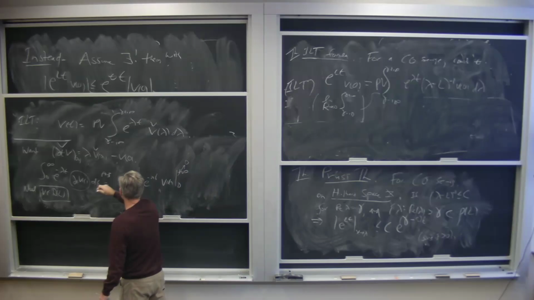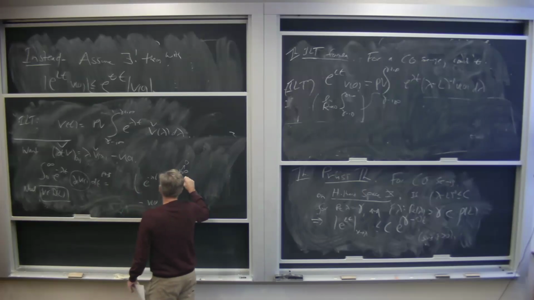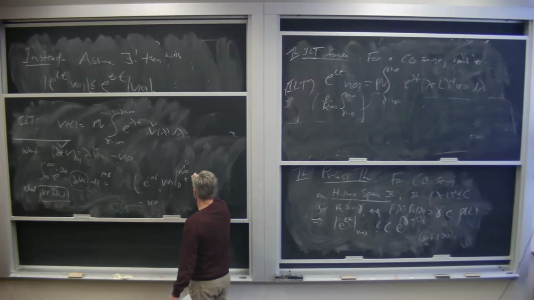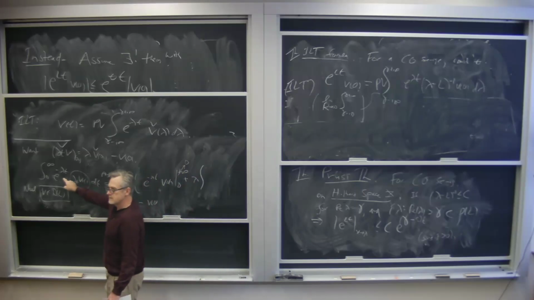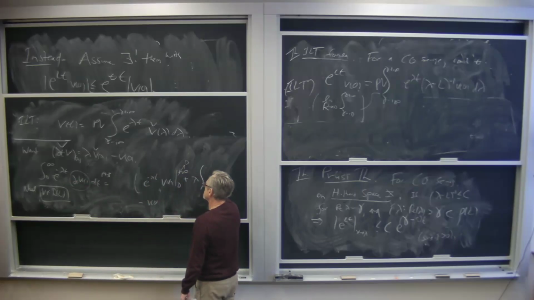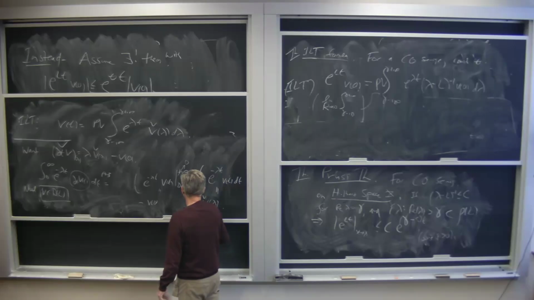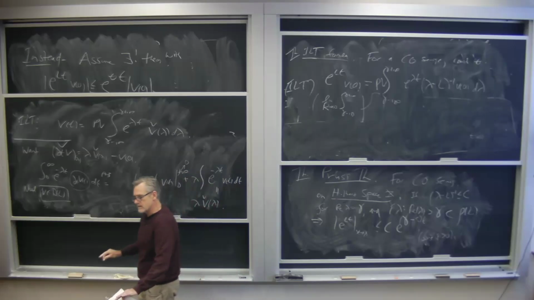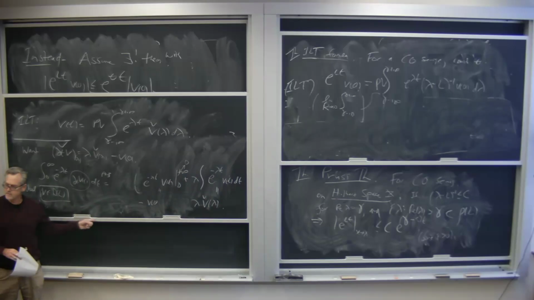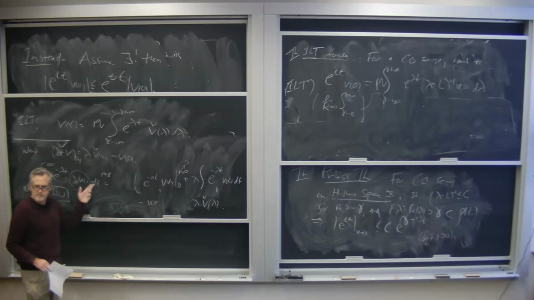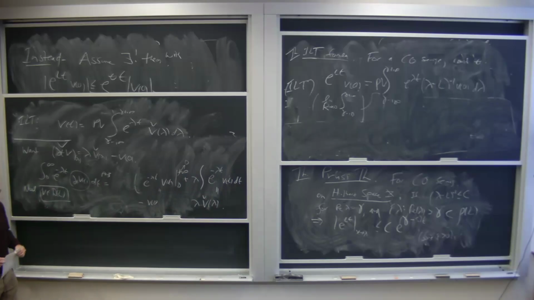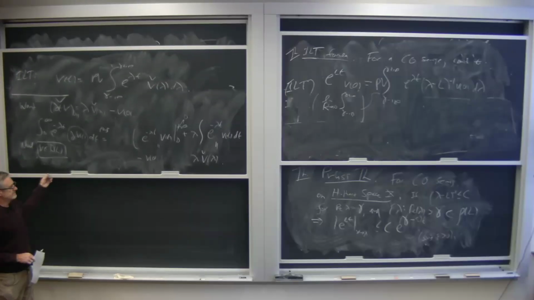I'm left with negative v of 0. And then minus the negative, so plus lambda times the integral of e to the minus lambda t, v of t, dt, and that's v check of lambda times lambda. So I verify the formula exactly as before, but I need another assumption. That's because of the unbounded operator, in order to make sense of this. So that's one step.